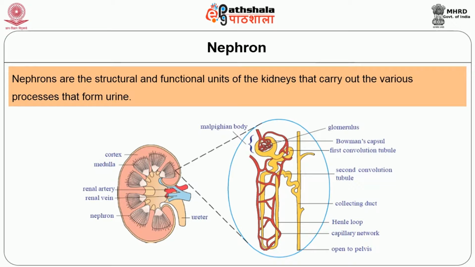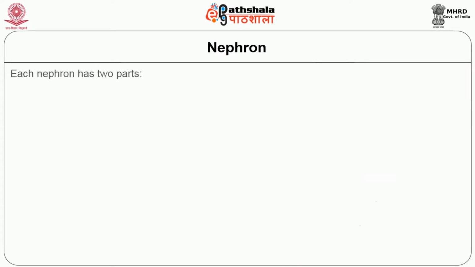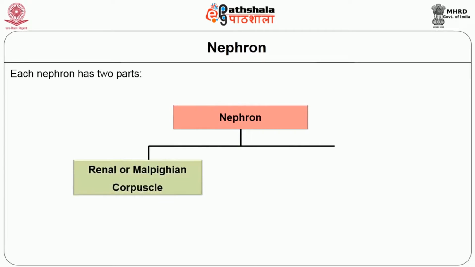The number of nephrons begins to decrease after 45 to 50 years at the rate of 0.8 to 1% every year. Each nephron has two parts, renal or Malpighian corpuscle, composed of a tuft of capillaries called the glomerulus, surrounded by a glomerular capsule or the Bowman's capsule, and a tubular portion called the renal tubule.